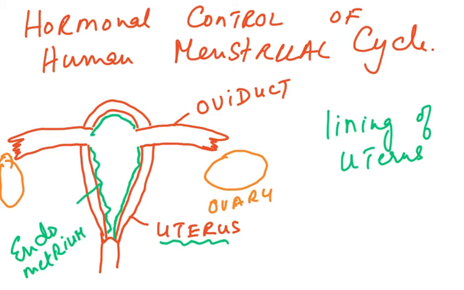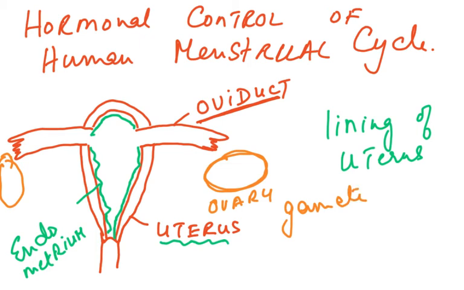Then it has two tubes attached to it, which are called the oviducts. The other name for the oviducts is fallopian tube. We can also call it that. And then we have the two important organs, which are the ovaries. There are two ovaries, one on either side. The ovaries are where the gamete is going to be made.